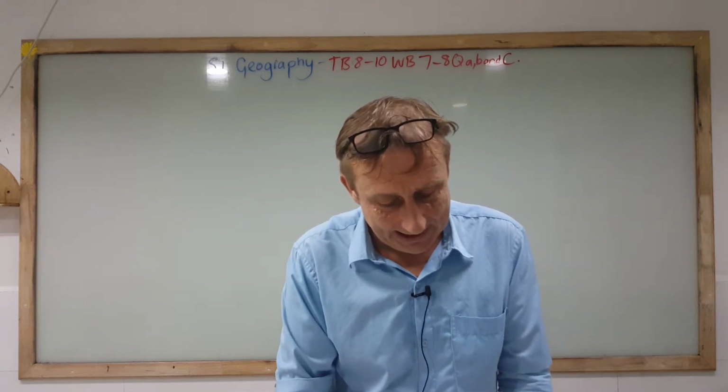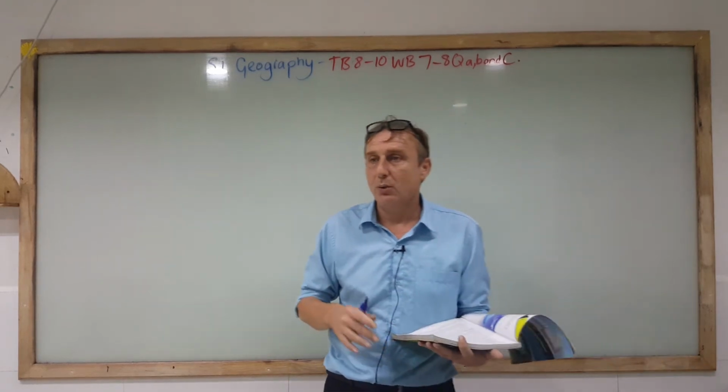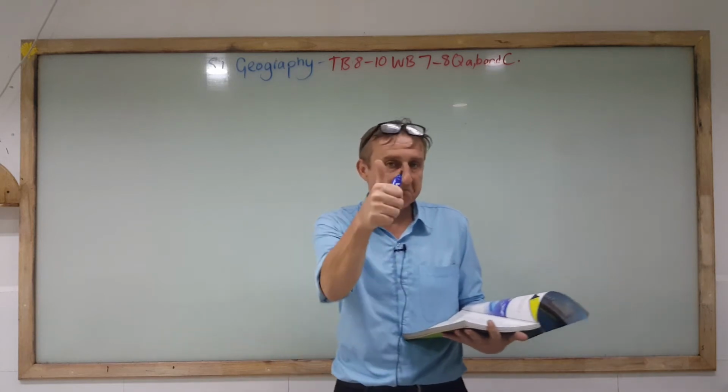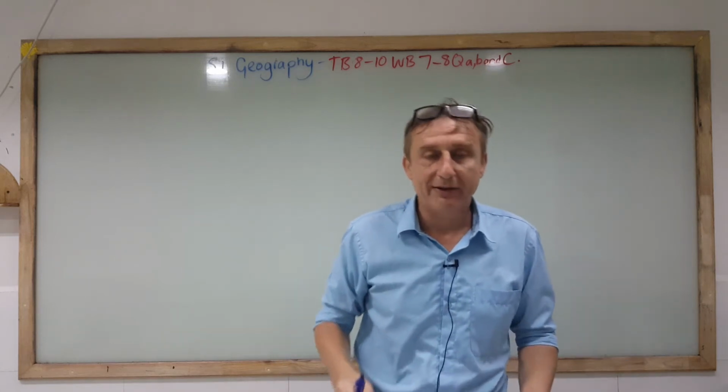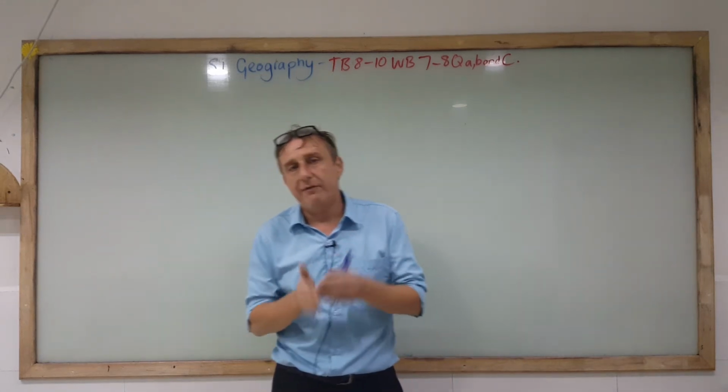Before I begin, very briefly, because you all smashed the classwork and the homework last time, good stuff, when we talked about the 4 spheres of the planet that geographers focus on.